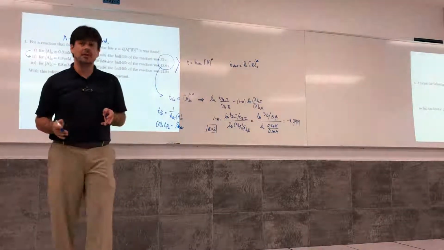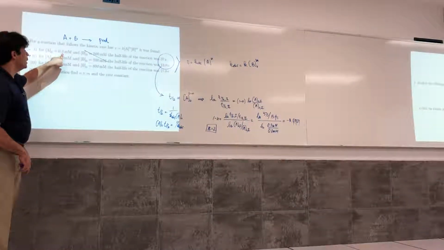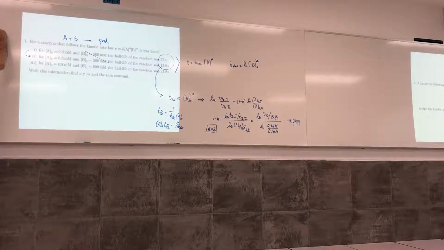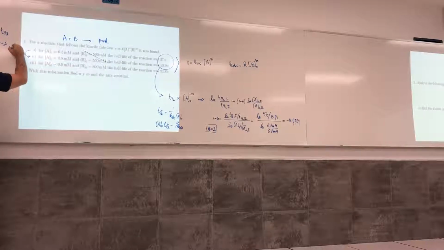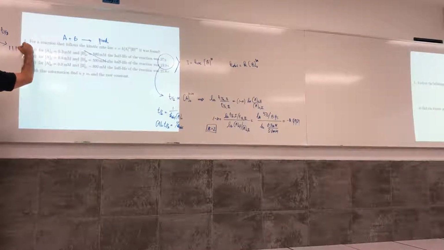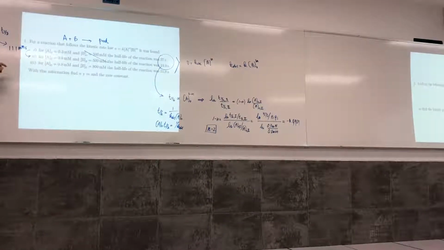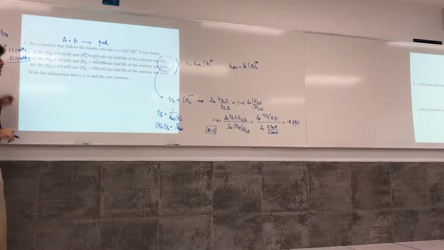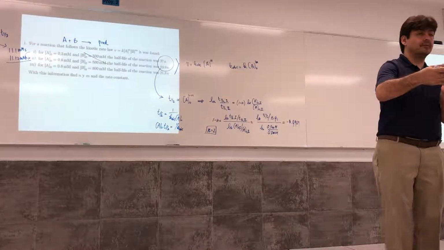So it's a constant. How much is 0.3 times 37? 11.1. This is millimolar seconds. How much is for the second? 11.12. So either way you do this, you have to make sure that you are making the right guess. So second order.